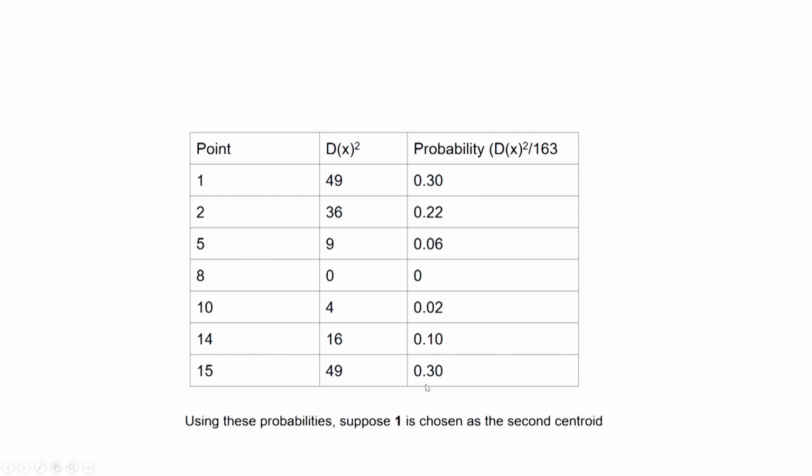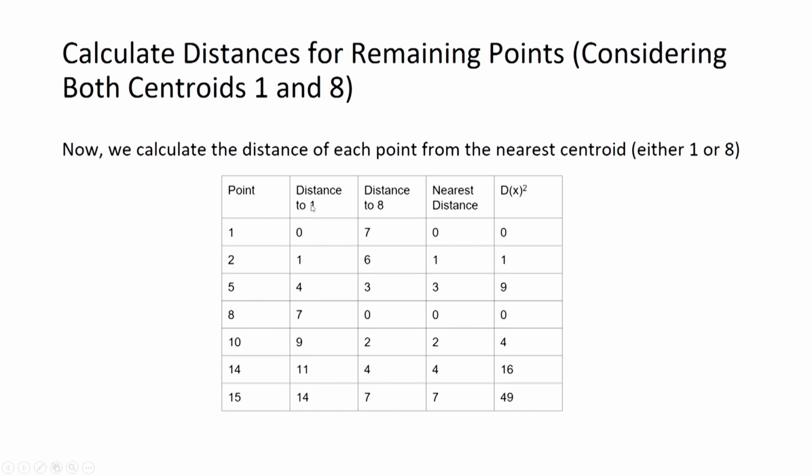In this case, there are two data points, 1 and 15, for which this probability is highest. So, out of these two points, we randomly choose 1. So, 1 is the second centroid, 8 was the first centroid, and we need to choose the third centroid.